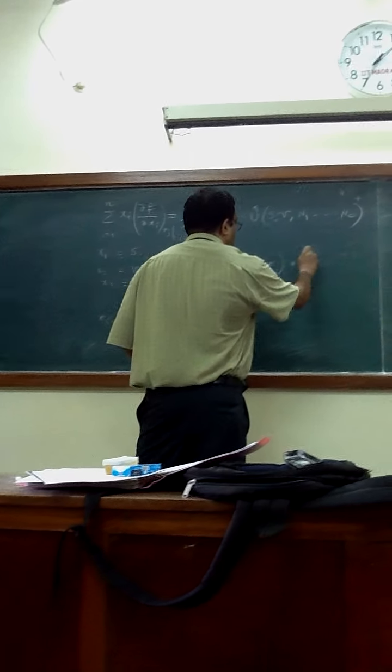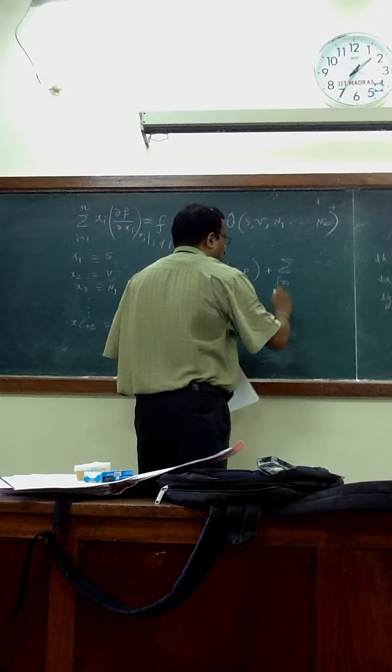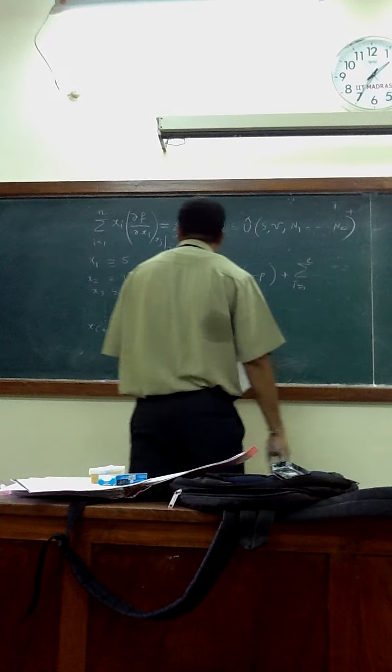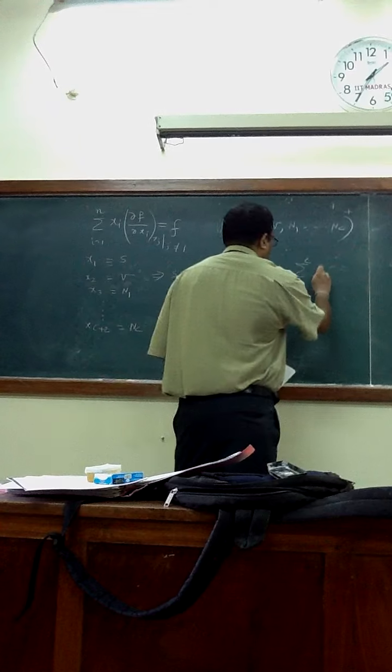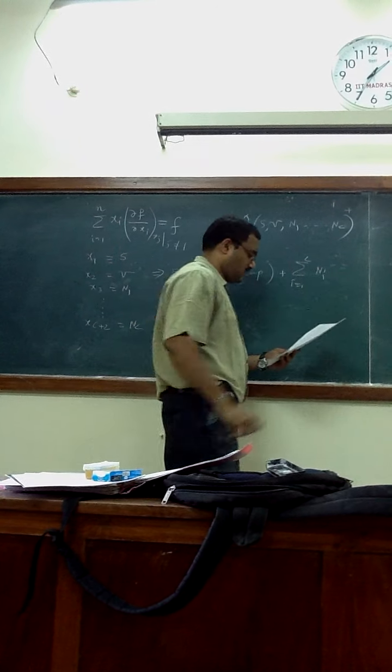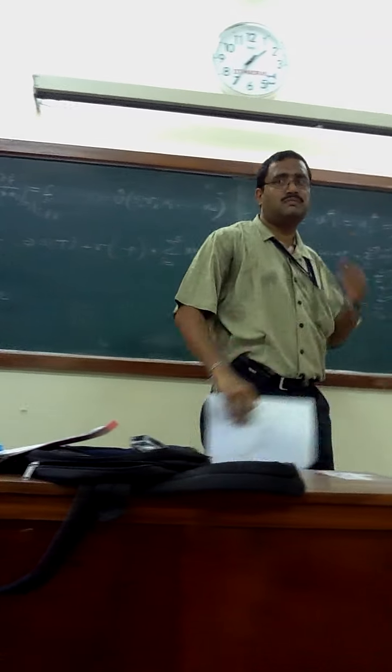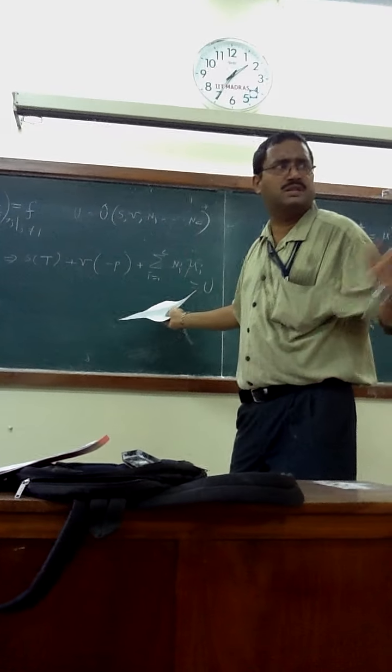How many summation, how many terms should be there? i equals 1 to C. Then Ni mu i equals to function. This just now I proved it.